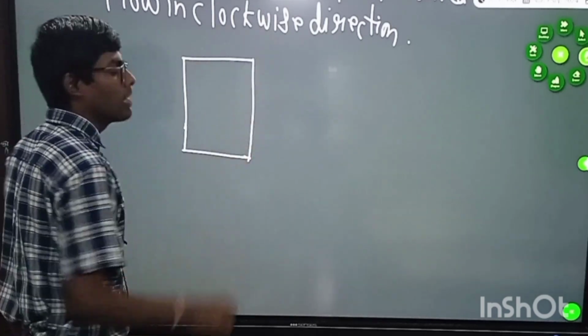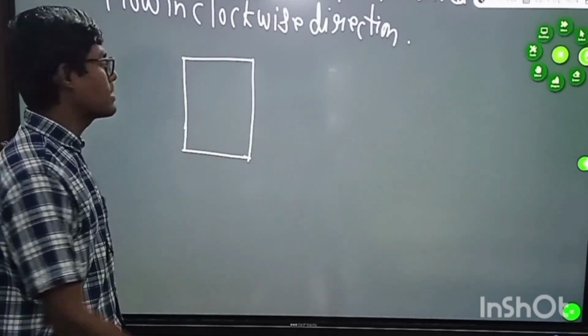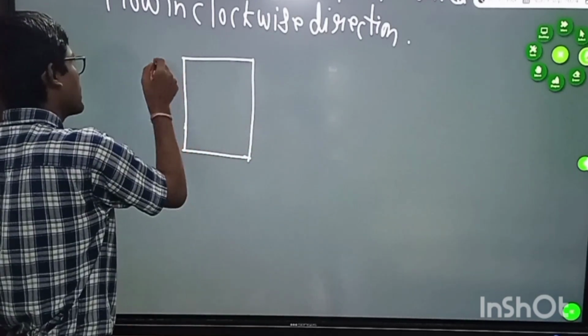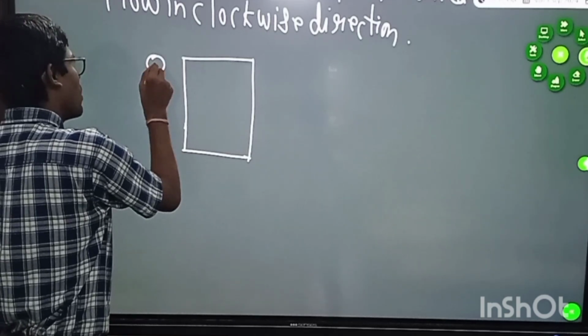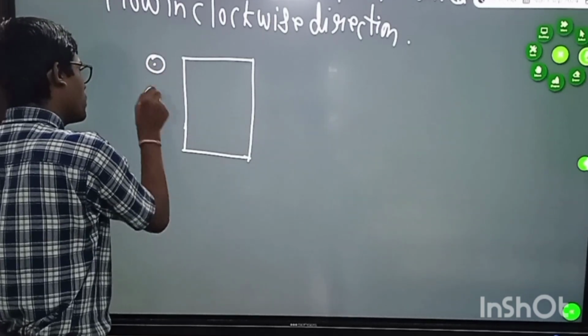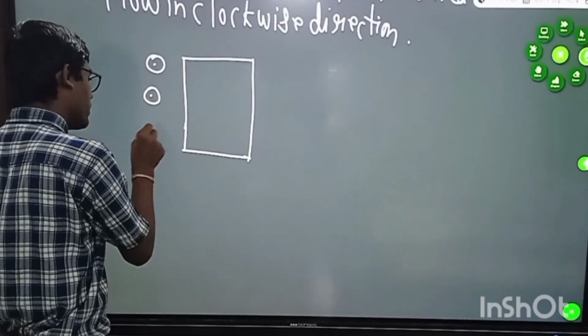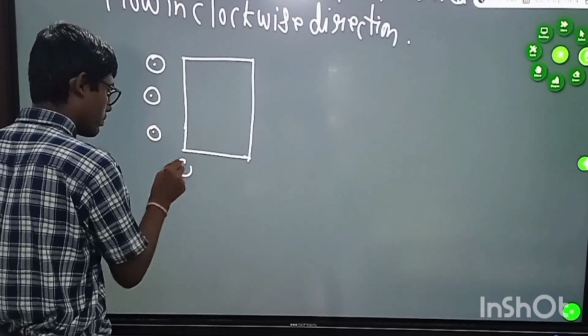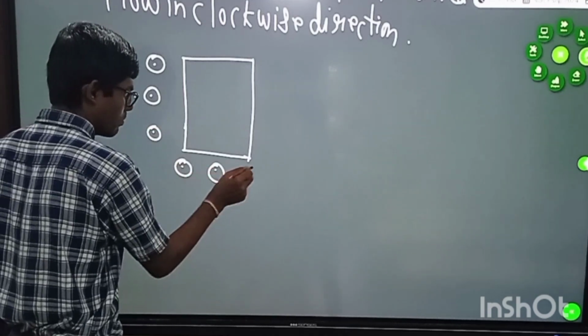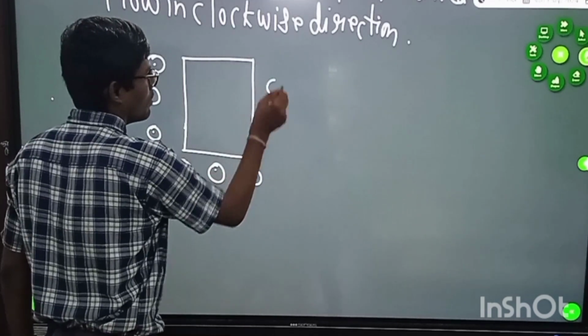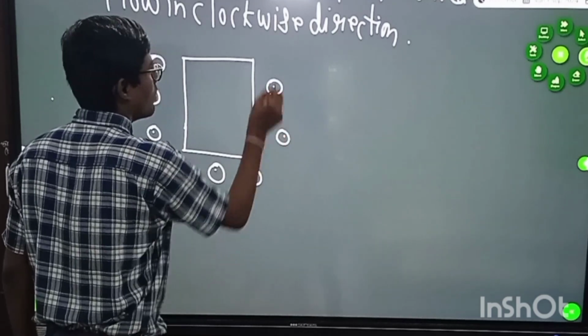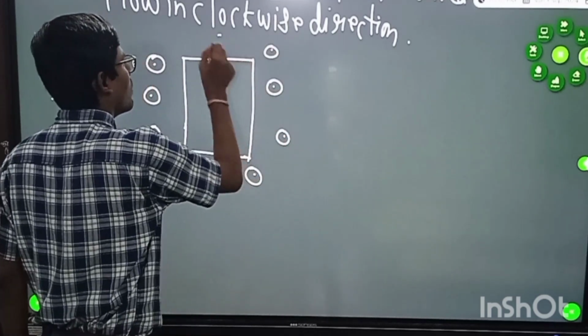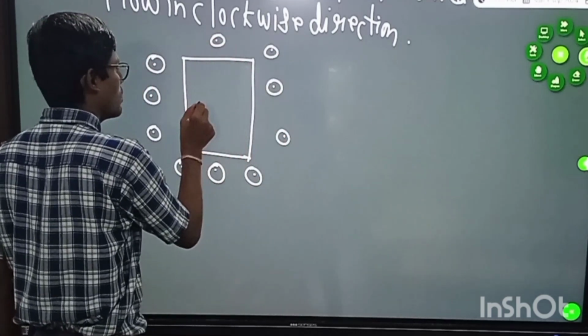Suppose this is a rectangular coil, and the external magnetic field in this case is perpendicular to the plane of the board, and it is outward.